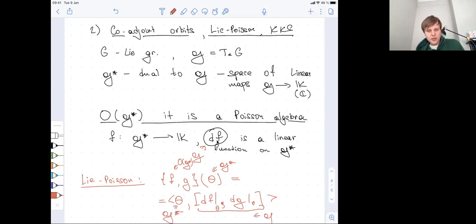And then because of the skew property of the commutator, the Jacobi identity, and all this stuff, and because we take differentials, we can easily prove that such a bracket is indeed a Poisson bracket. So it proves that the space of functions, the canonical ring, is a Poisson algebra.